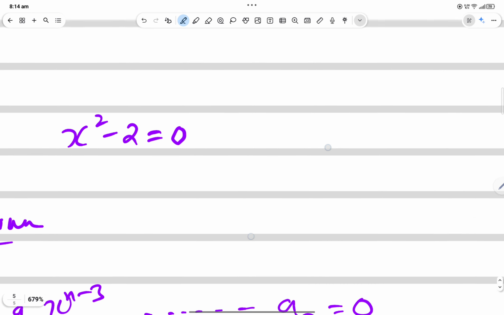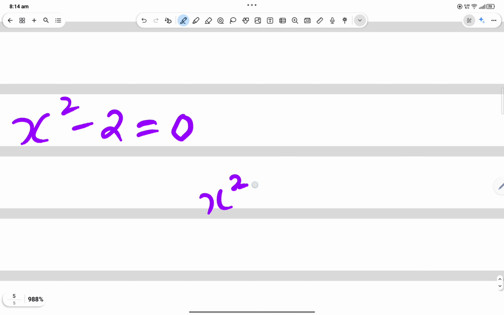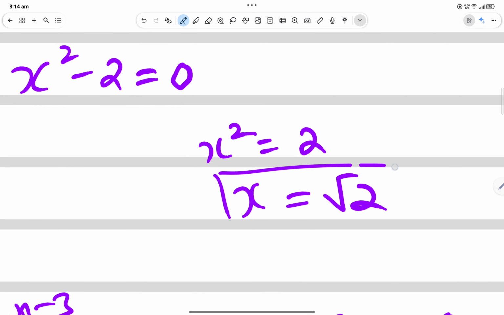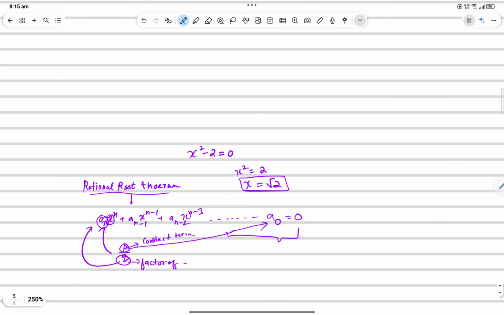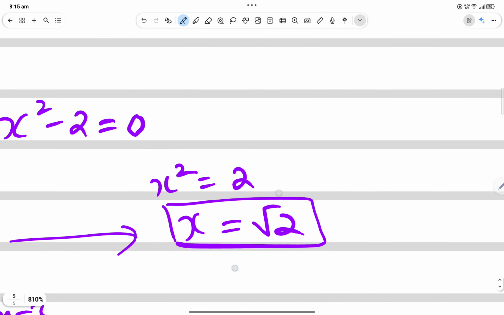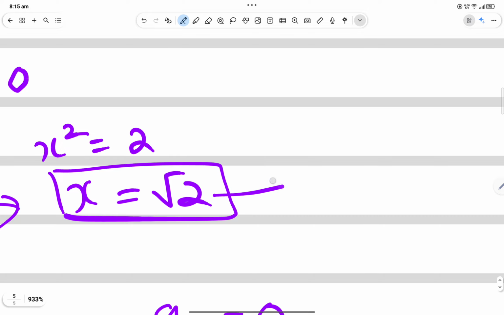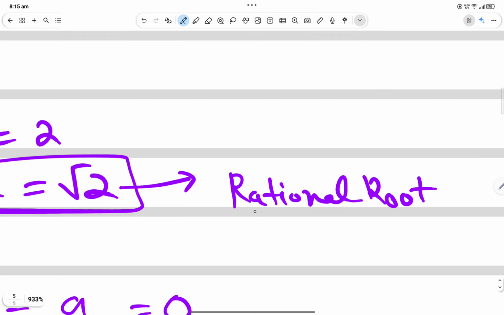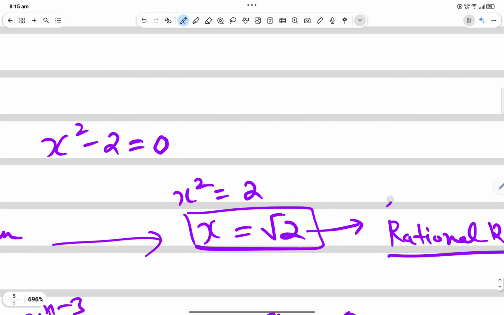Now in this equation we say that x square equals 2. Square rooting both sides, we come up with the solution x equals the square root of 2. As the rational root theorem states, if it is a rational root, it must divide, meaning it is a factor of, these terms.